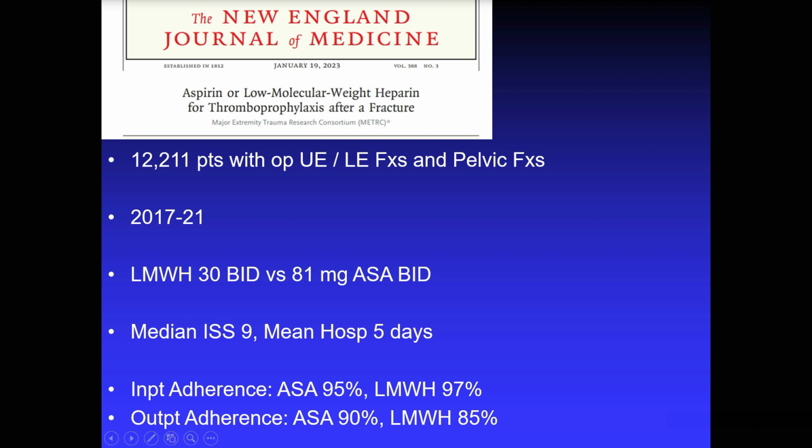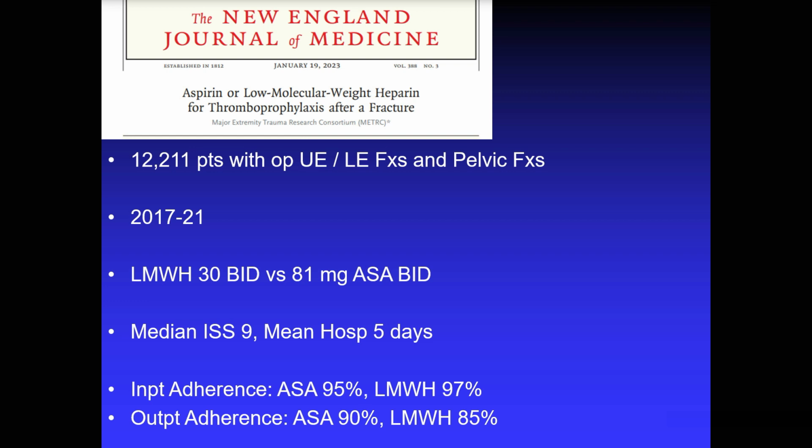trauma. The most significant of these studies so far was the experience published in the New England Journal of Medicine in January of 2023 with 12,211 patients who presented with upper extremity or lower extremity fractures requiring operative intervention and patients with both operative and non-operative pelvic fractures.